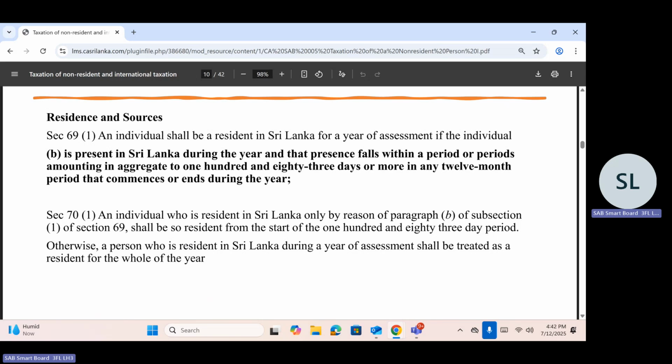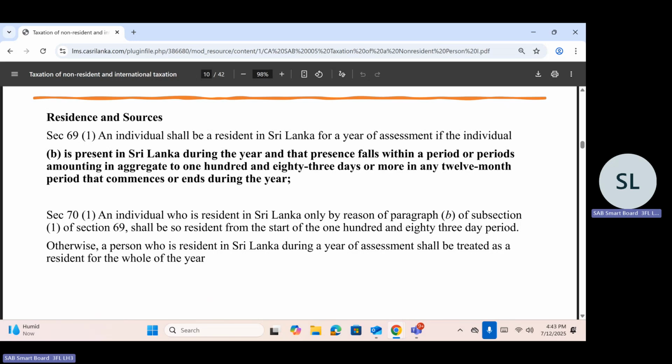So the 12-month period commences or ends. Assume the 12-month period commences from 1st May 2024. He came to Sri Lanka, and from that day on we have to count 12 months. For that particular 12-month period, what is the number of days he was physically present in Sri Lanka?